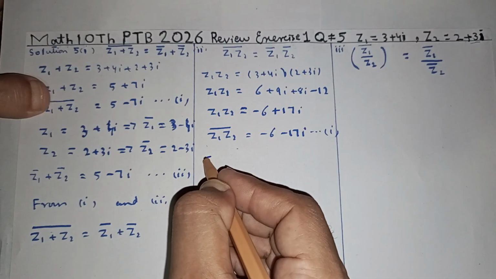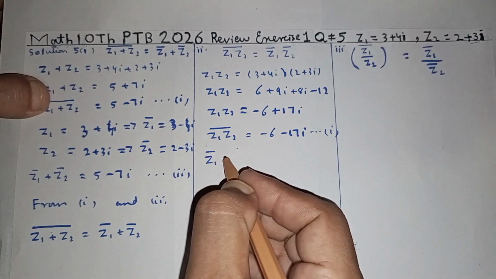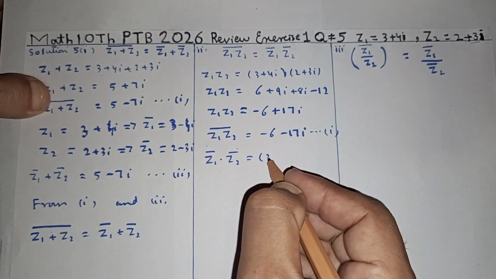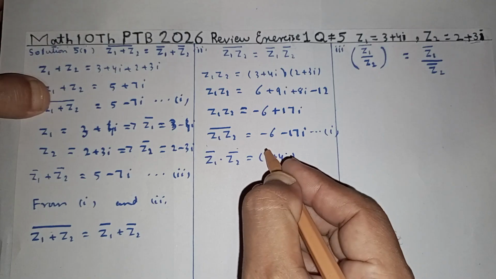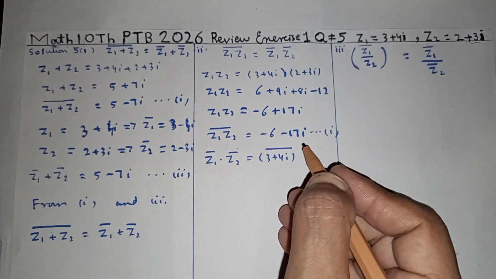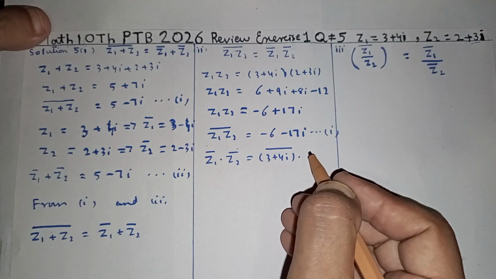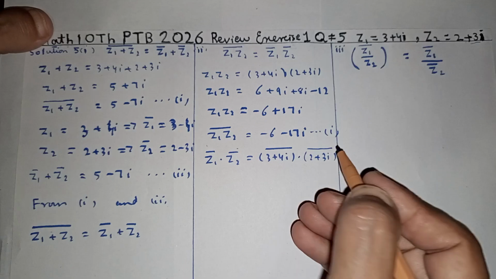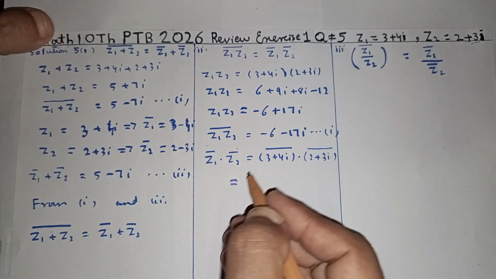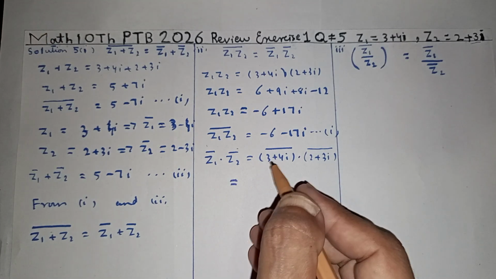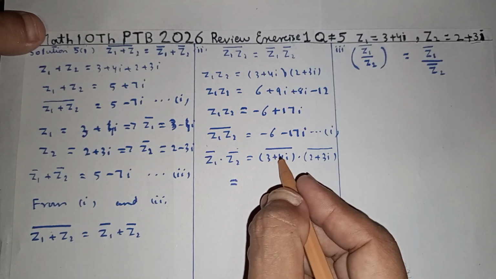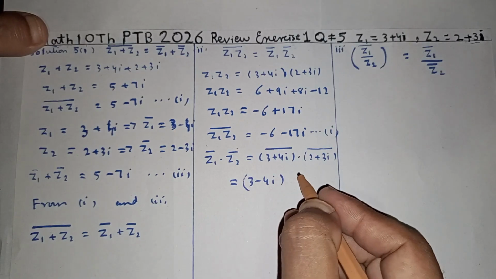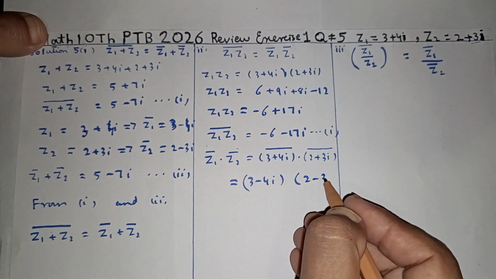Student, now find z1 conjugate into z2 conjugate. z1 is equal to 3 plus 4 iota and put the sign of conjugate. z2 is equal to 2 plus 3 iota, put sign of conjugate. Now after taking conjugate, we will multiply, then 3 plus 4 iota conjugate will become equal to 3 minus 4 iota, and 2 plus 3 iota conjugate will become equal to 2 minus 3 iota.